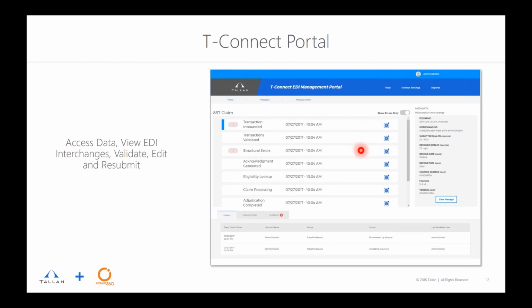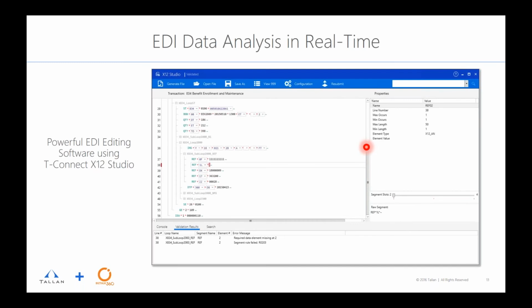Now, if you had to work with an EDI message, I gave you the example of how you would do that in BizTalk, and obviously that's a long remediation cycle. With this, you simply click and you can edit the EDI message right here in line, or you can pull it down into one of our tools, which we call X12 Studio. X12 Studio uses our same engine, and this will pop right up from the portal.